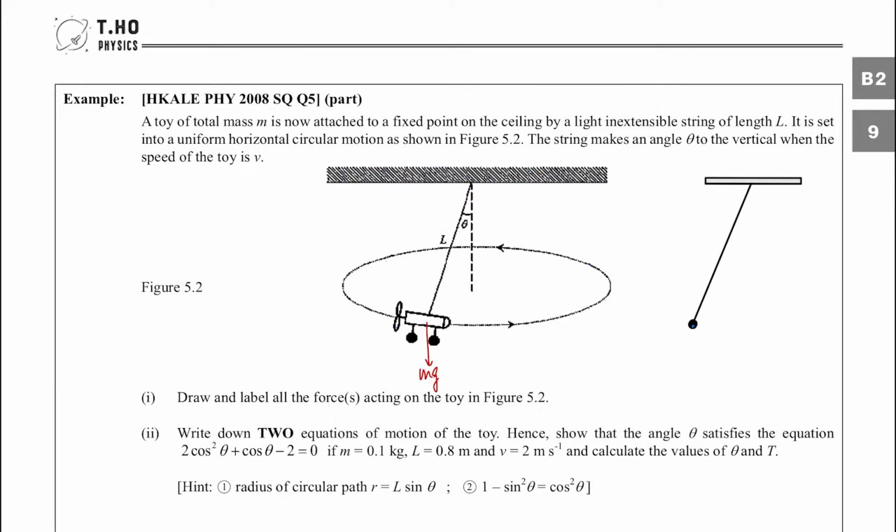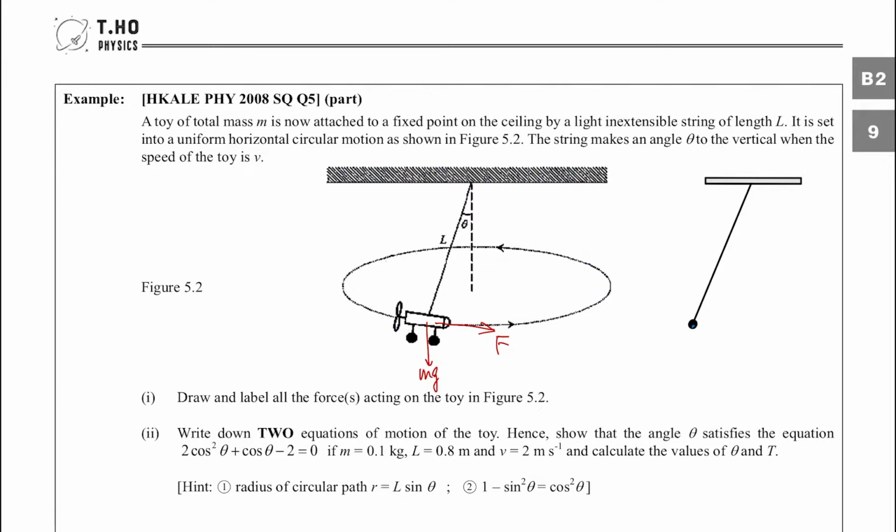For the toy, of course, we have the gravitational attraction downwards, and also we have the fan giving a force backwards, so that the toy will be propelled forward. So we have a propelling force.